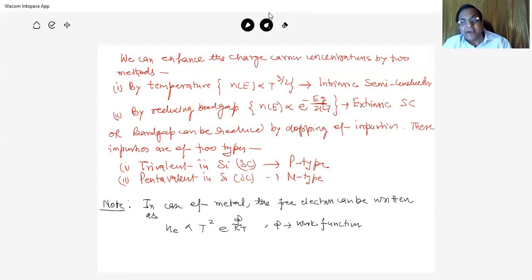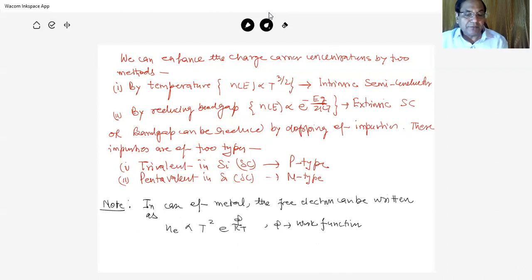And that's why oxide coated materials are used in case of filament, especially materials like tungsten and molybdenum, with barium oxide coated over the filament, especially in case of a diode, so that at a low work function the electron emission from the metal may be increased.